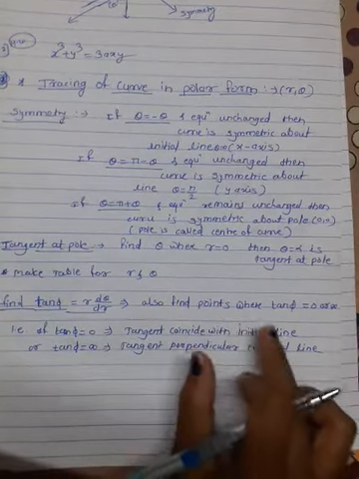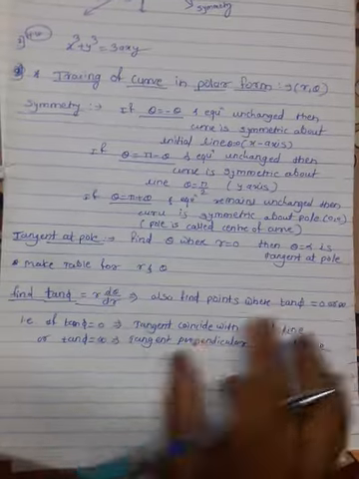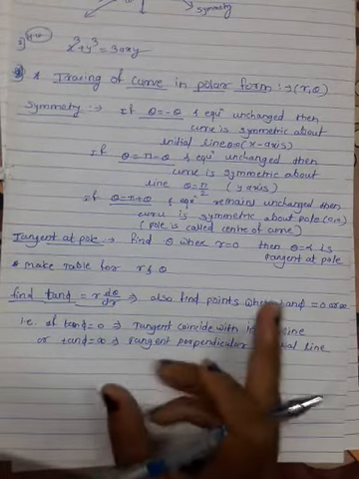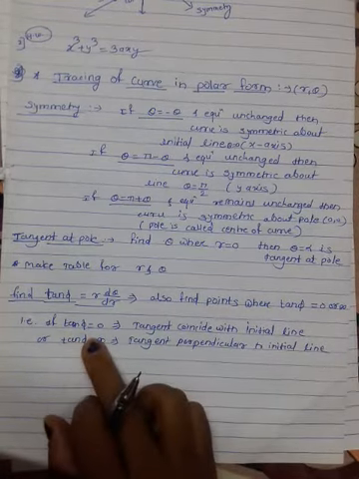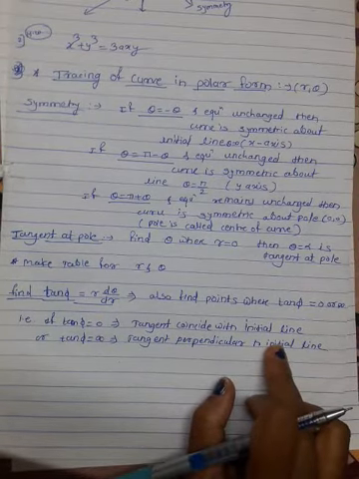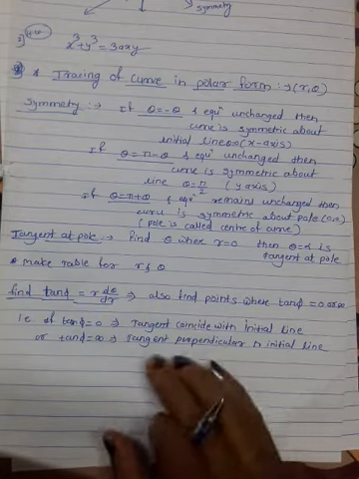Now also find the points where tan phi is equal to 0 or infinity. We have to find tan phi and check for what value of theta it becomes 0 or infinity. If tan phi becomes 0, then the tangent coincides with the initial line.